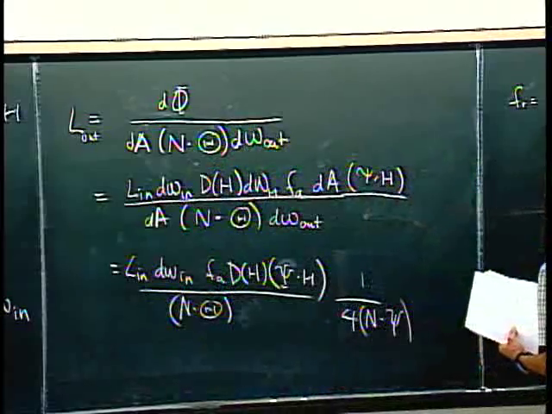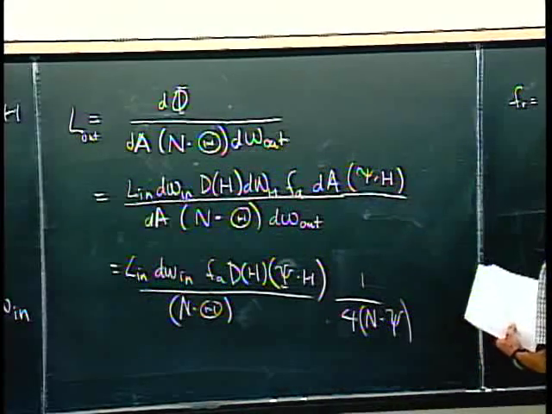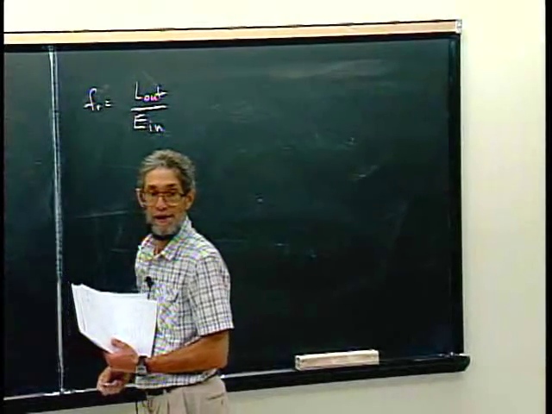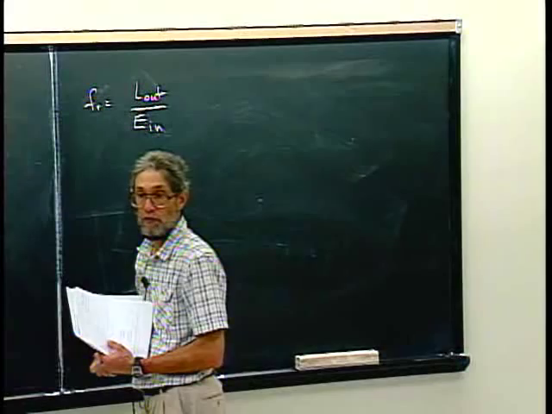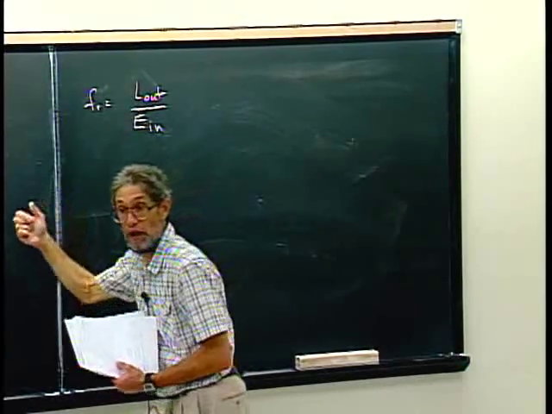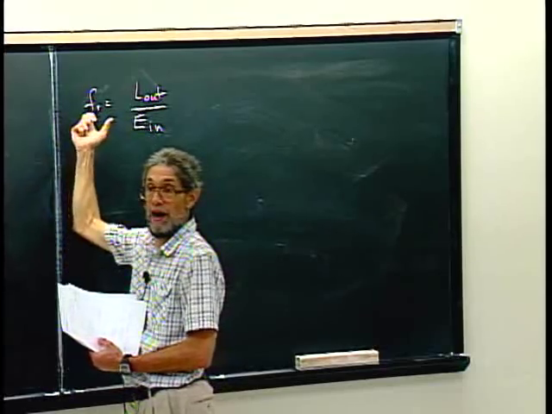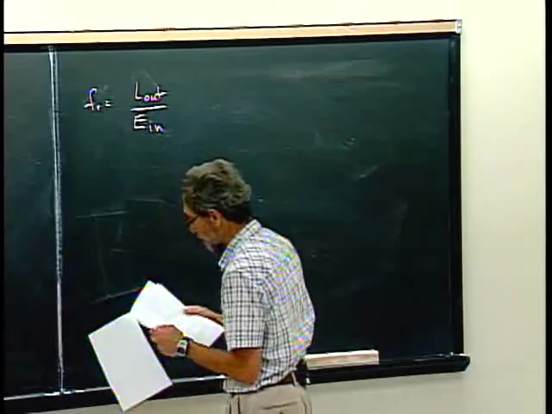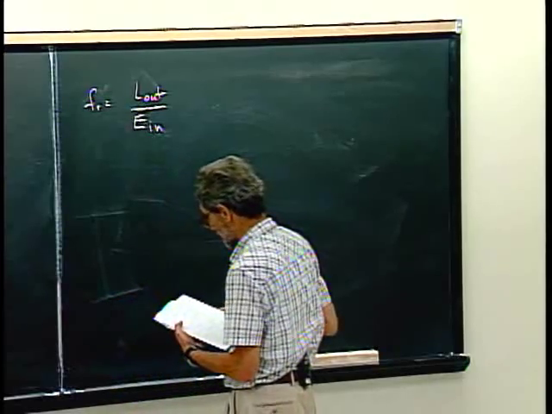FR is L out over E in. Right? Because the definition of a BRDF is what you have to multiply by the irradiance to get the radiance out. So in order to find the FR, I still have to divide by E in.